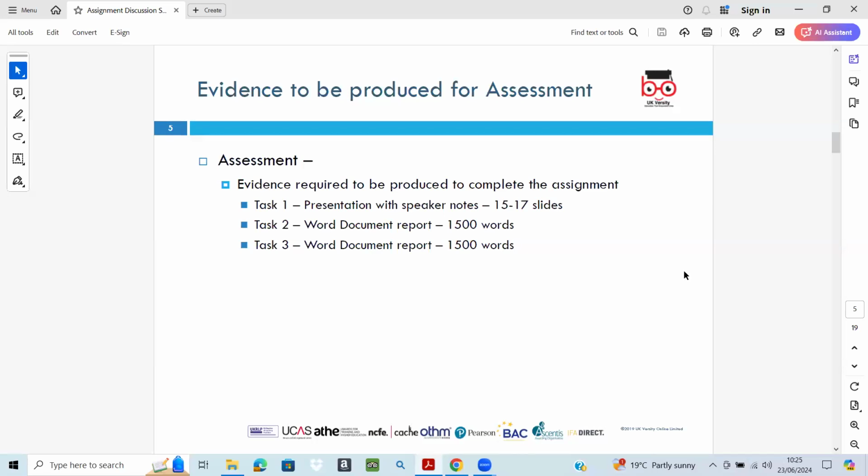So whenever we produce evidence for assessment, we need to be mindful of the specific requirements of each task, including word limits, content depth, referencing standard, and overall presentation quality. So these all are the important aspects.